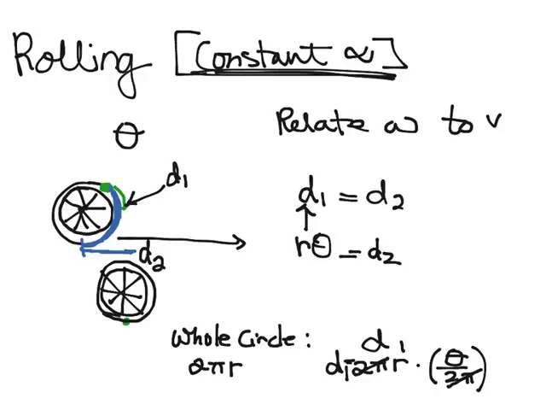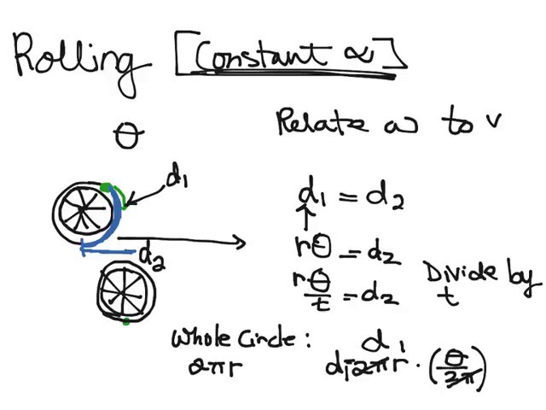And if I want to divide by time, I can divide both sides by time, and that's totally legal algebraically. What I get is r theta divided by t equals D2 divided by t.